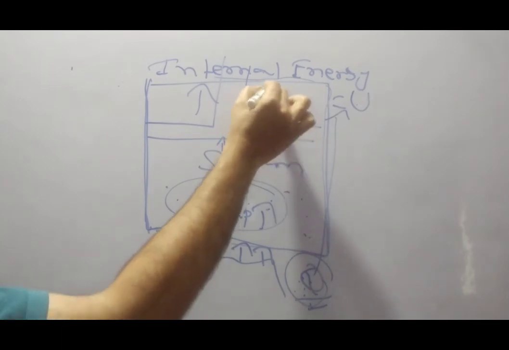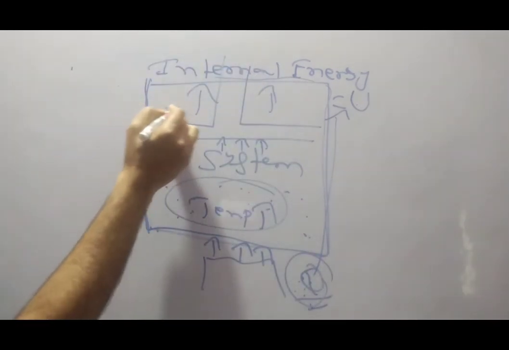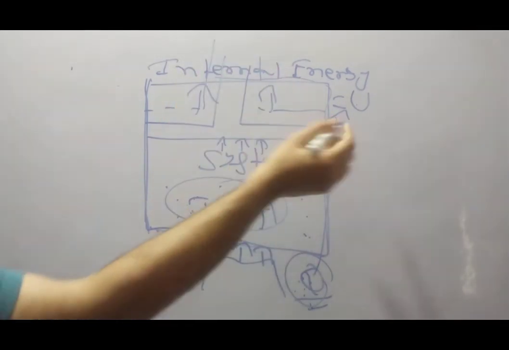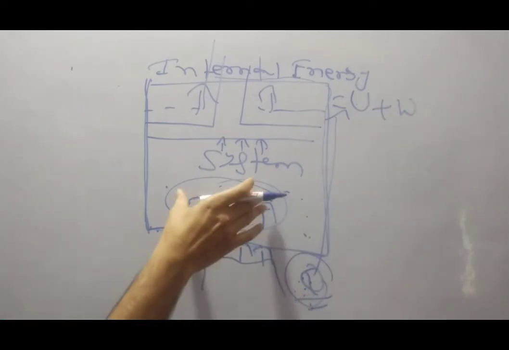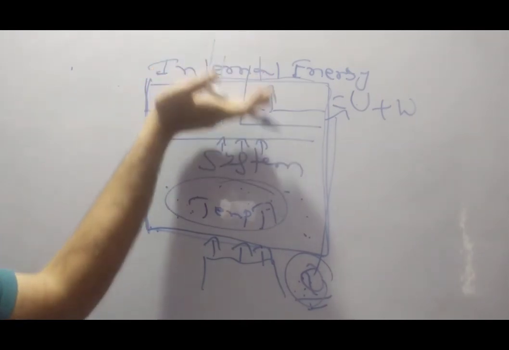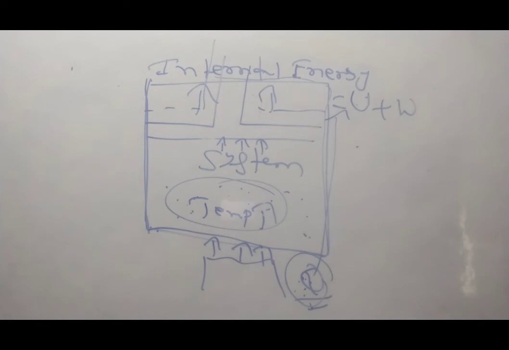That means work is done by the system, because there is an increase in the volume. So U plus W. Q you are supplying, there is an increase in internal energy, and work is done by the system. That's why Q equals U plus W.